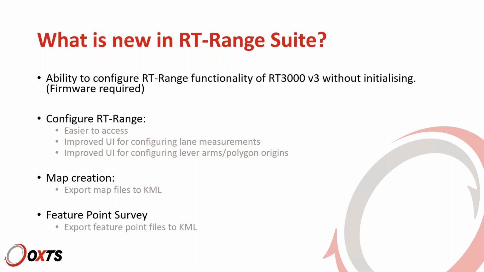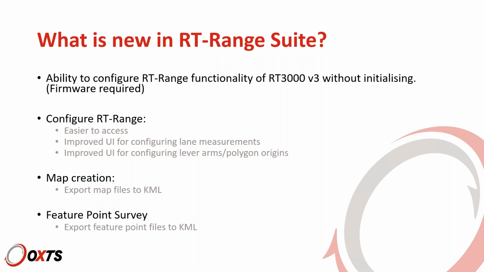Cool, thanks, Pete. Yes, I'm going to go through some of the changes in the RT-Range Suite. The first thing I'm going to mention, though, is actually a firmware upgrade change. Alongside the release of NAVsuite 2.8 and RT-Range Suite, we have also developed a new firmware for the RT3000 v3, and I'll talk to you about that now as well.